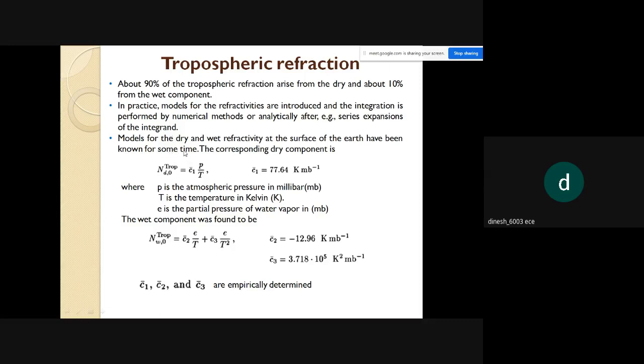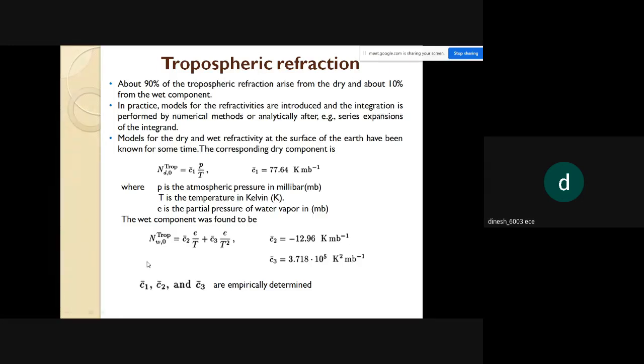Next, the modeling of the wet region and the dry region. At the surface of the Earth, the dry component can be given as Nd trop equals C1 P by T, where P is the atmospheric pressure, T is the temperature in Kelvin, and E is the partial pressure of water vapor measured in millibars.